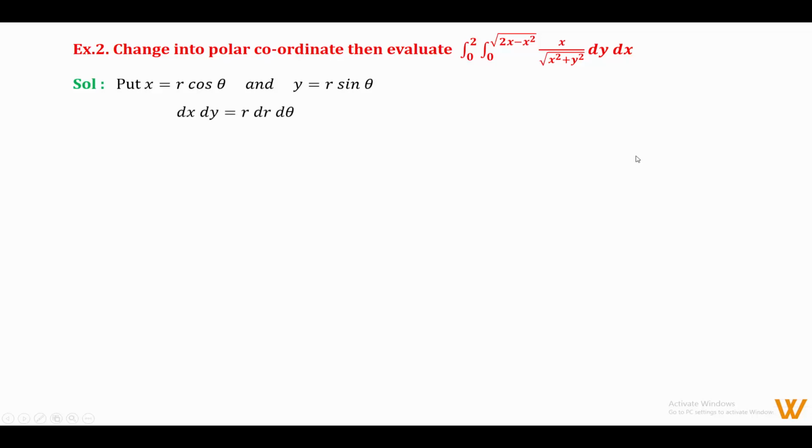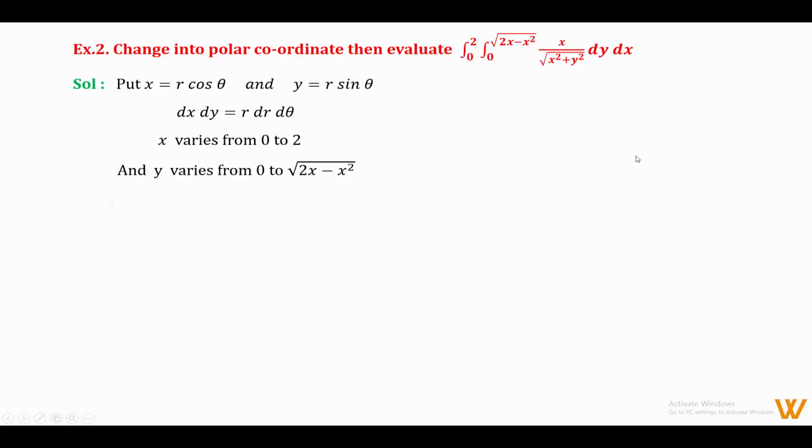Therefore dx dy equals r into dr d theta. And step number 3, by using the limits of the given integration, find the new limits, meaning find the limits of r and theta. Now in the given integration, x varies from 0 to 2 and y varies from 0 to square root of 2x minus x square.